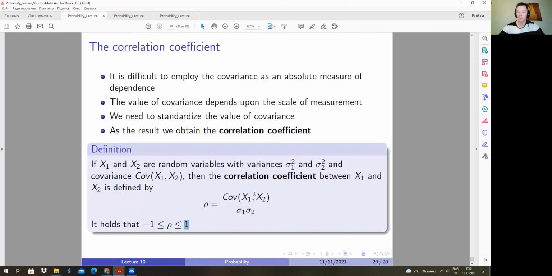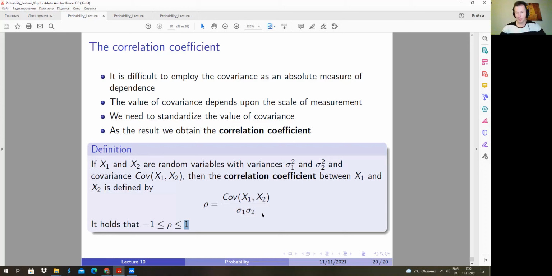That's the only possible situation when the correlation might be 0. And if correlation is 0, then it means that two variables are not linearly dependent. Once again, it doesn't mean that they're independent at all, but they are at least linearly not dependent.